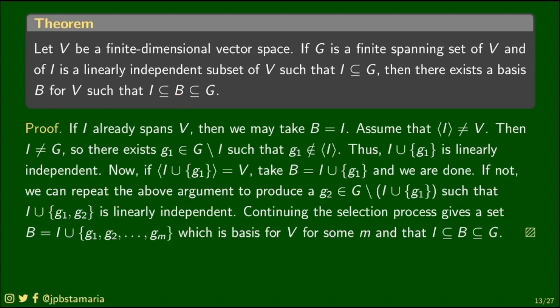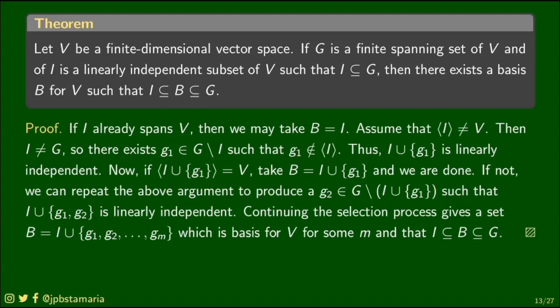The proof is very simple. If the independent set I already spans V, then just take B to be I. We're done. But if the span of I is not yet V, hence I is not G, then something from the spanning set that is not in I must be there. Let's call it G1, so that this G1 is not found in the span.